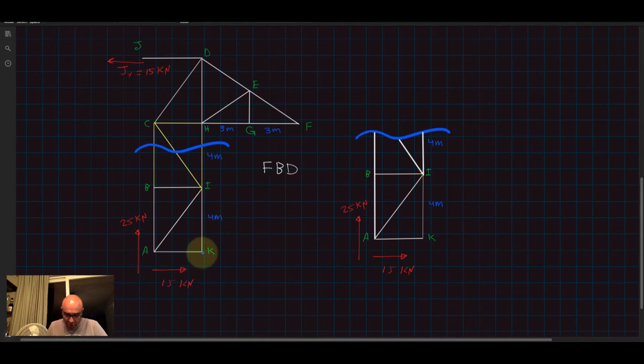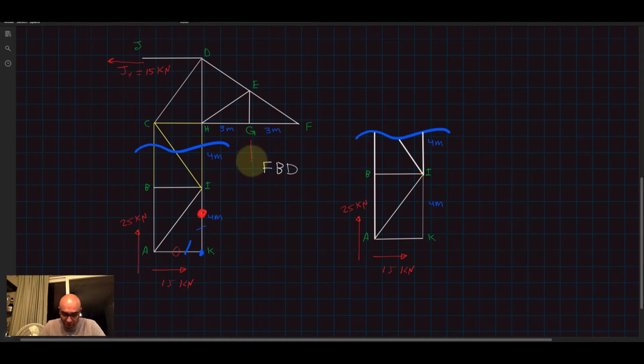This joint here does not have any load on it, and these 2 members meet at an angle that is not 180 degrees. So these 2 are actually zero force members, both of them. Can you identify another zero force member here for us?